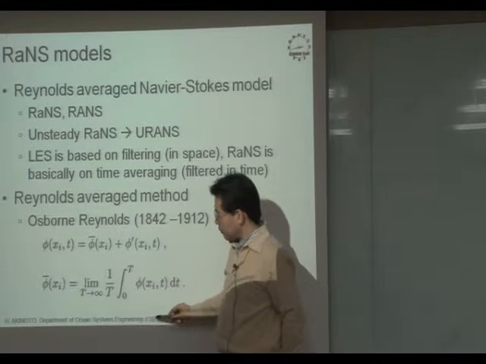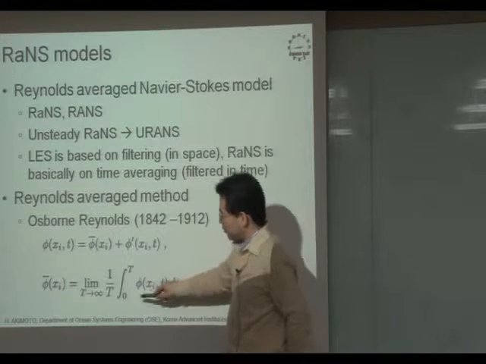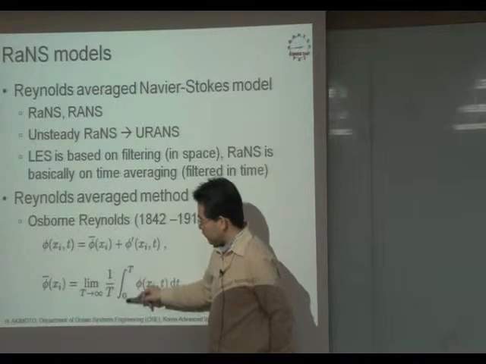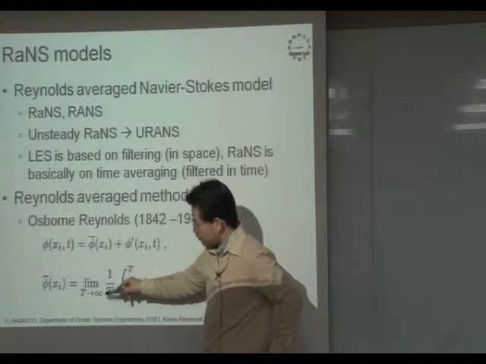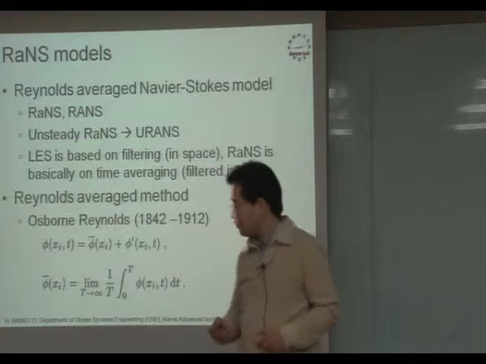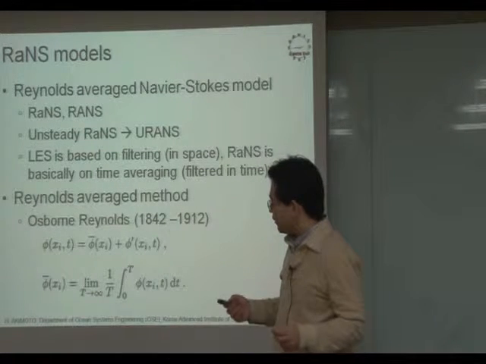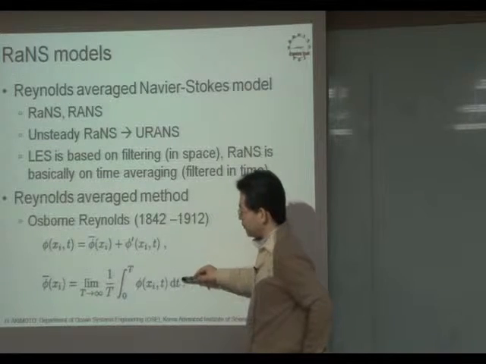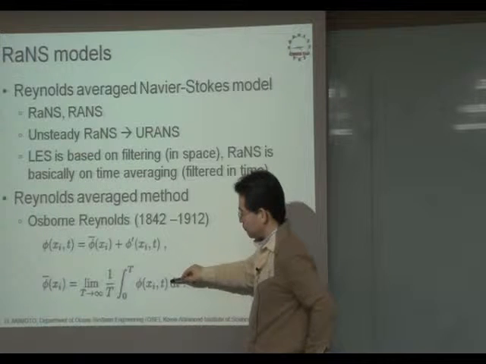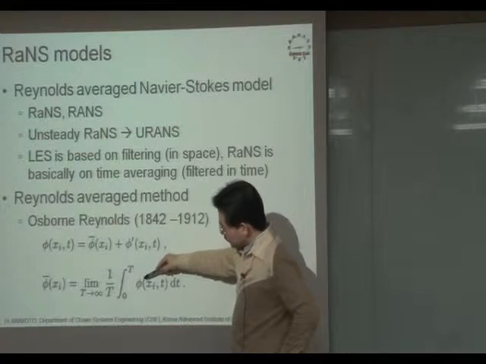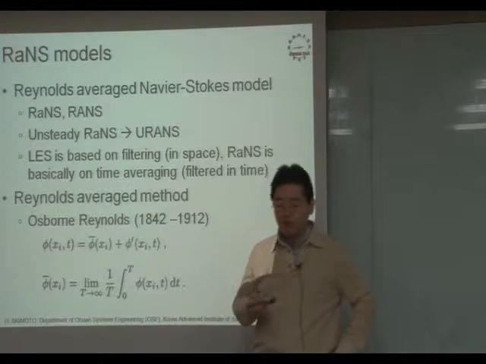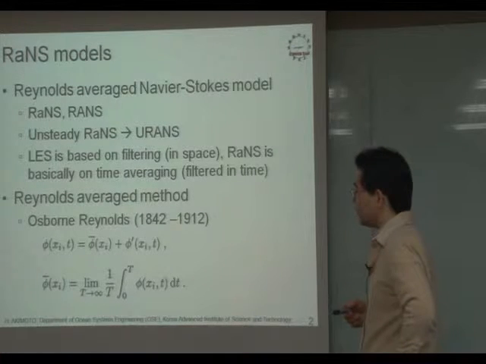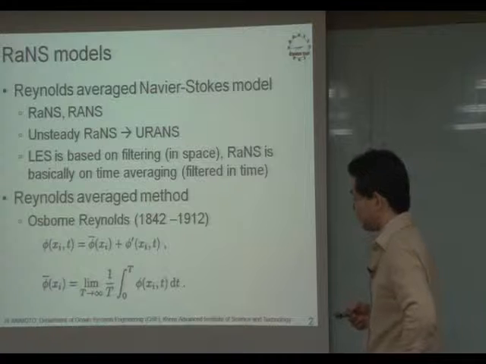The definition of time averaging is the basic one. If you take the extreme of integrating, the infinite limit of averaging, it will be a mean value of the flow field. You can consider phi as the u, v, or w component of velocity, pressure, or any other component in the flow field.